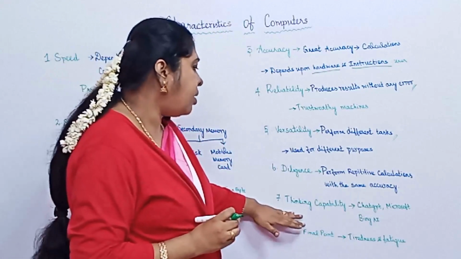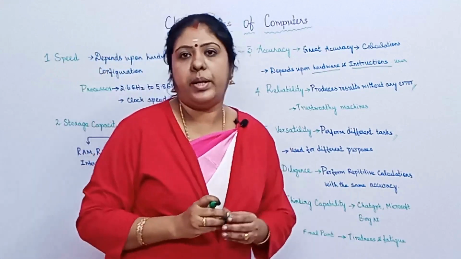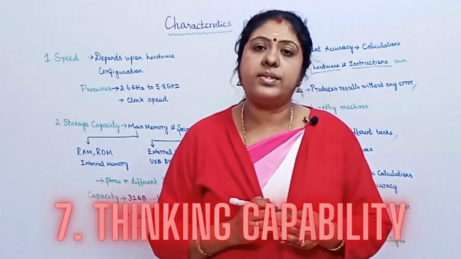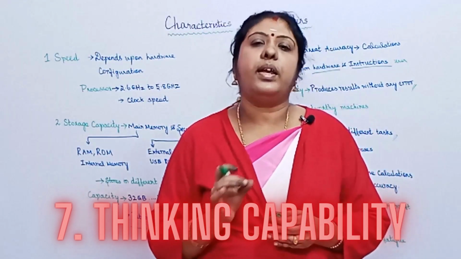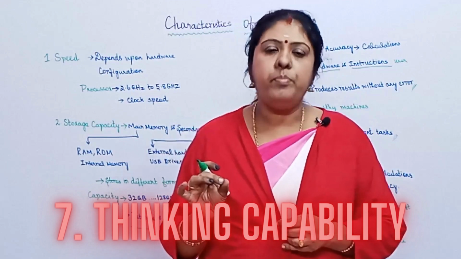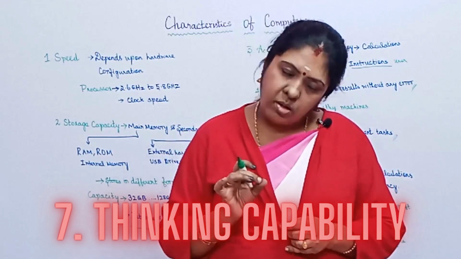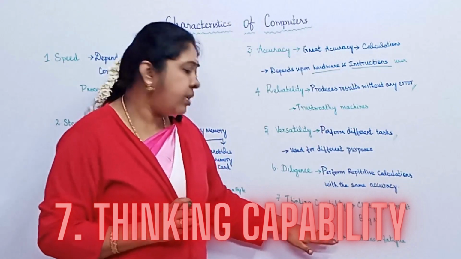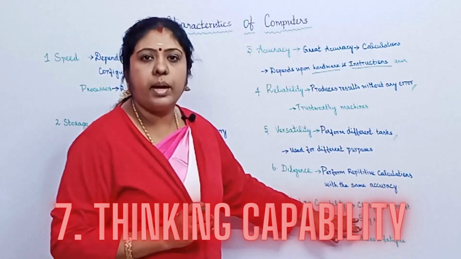And then the seventh point, thinking capability. In the 90s, computers could be called dumb machines. That is, they could perform only the instructions given by the user. But nowadays we are using computers with thinking capability.